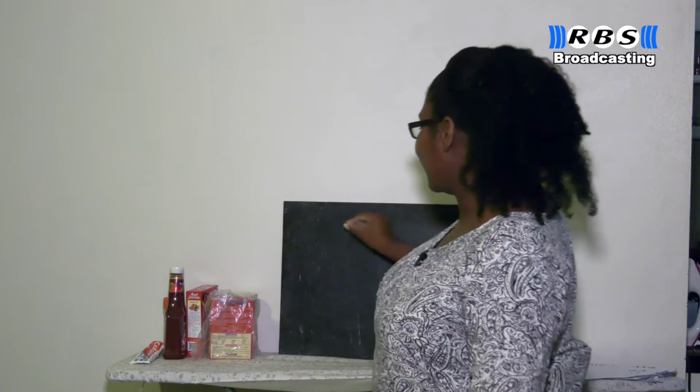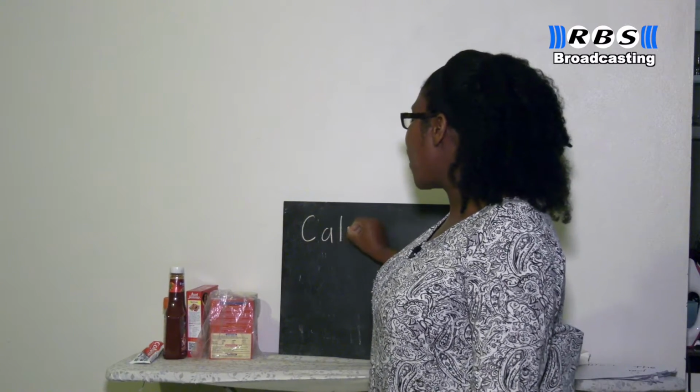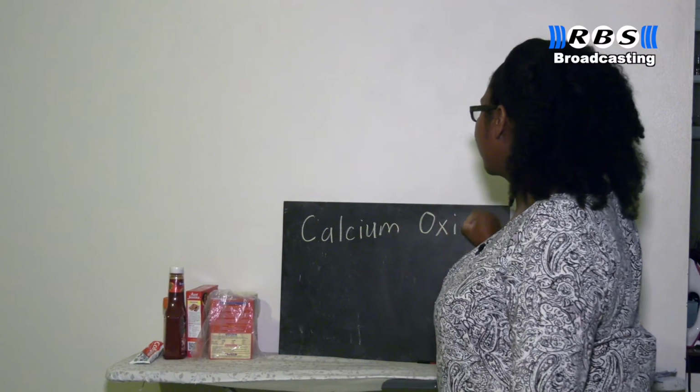Here is tip number 3. When the charges carry the same number, the numbers can cancel each other out and become like 1. Here's an example. Let's write the formula for calcium oxide.